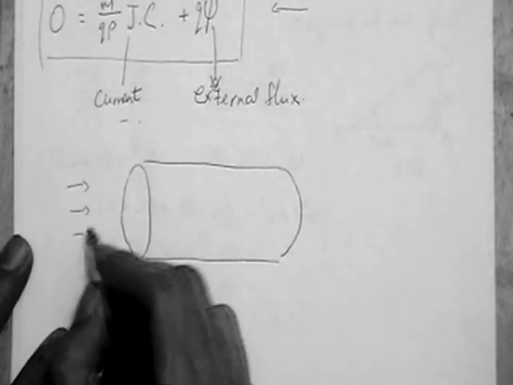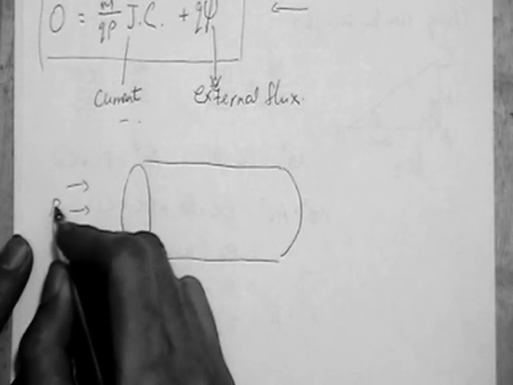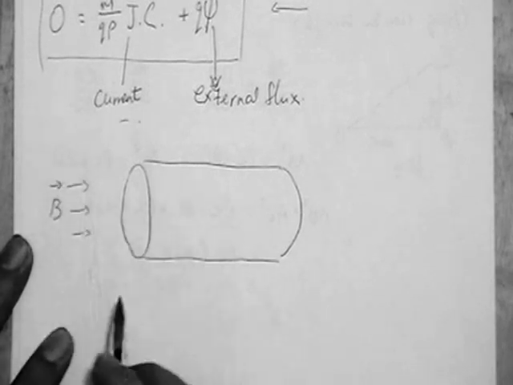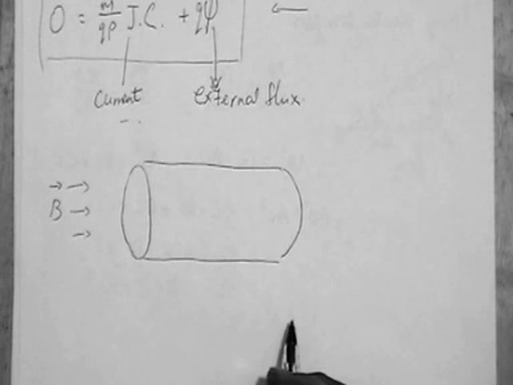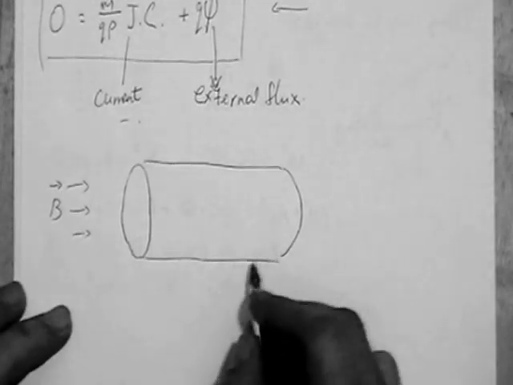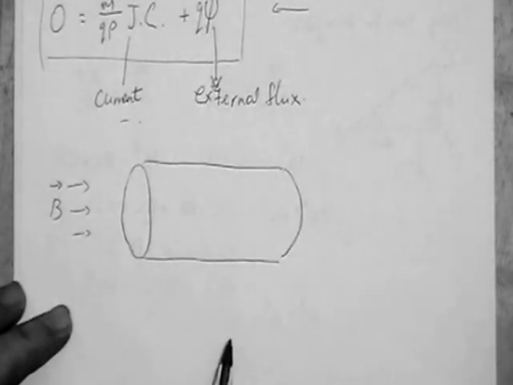Suppose that there is an external magnetic field over the cylinder, and suppose that this cylinder is superconducting.